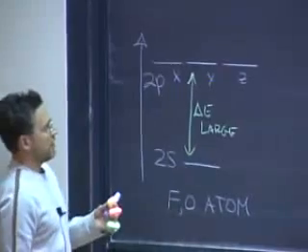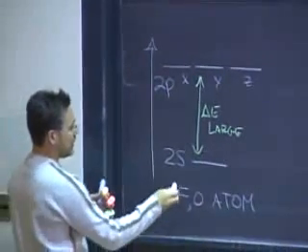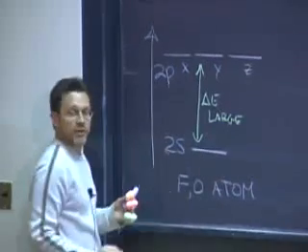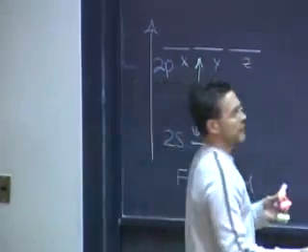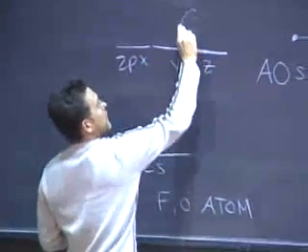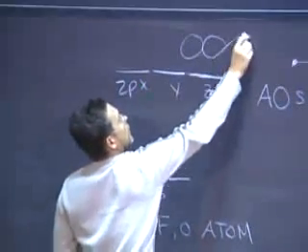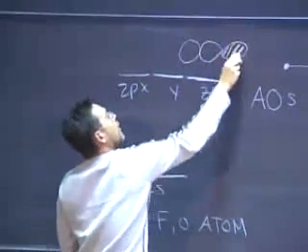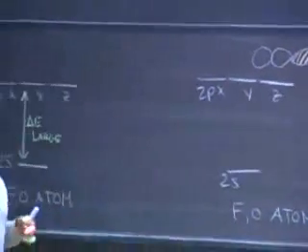We can make the approximation that this 2s orbital here, which could in principle form a sigma bond with this 2pz orbital over here, that would be an interaction looking like that, that does not occur.